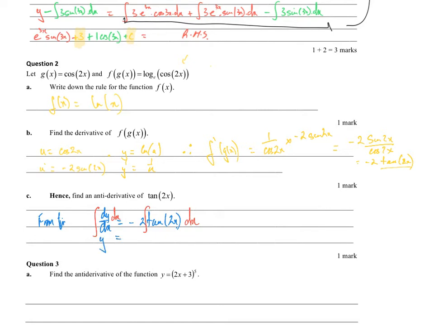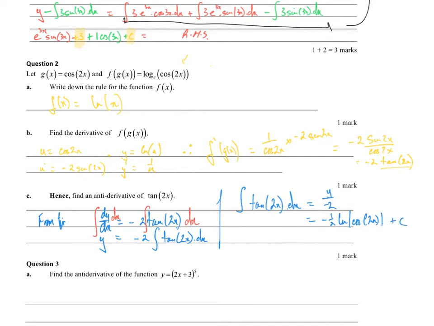I get y is equal to negative 2 times the antiderivative of tan 2x dx, which means the integral of tan 2x dx is equal to y over negative 2, which is, what was y? Y is f of g of x, which is negative 1/2 natural log of cos 2x, plus some constant c.